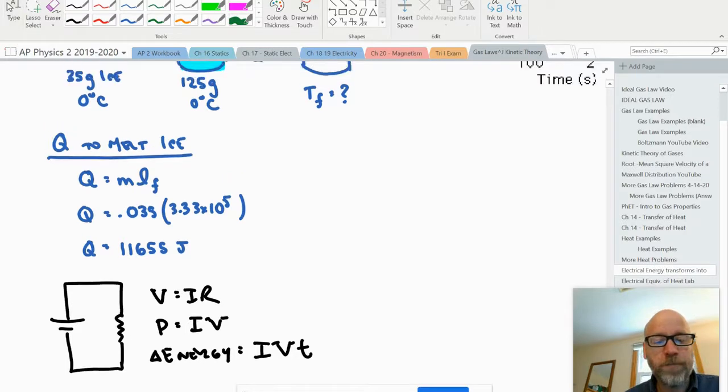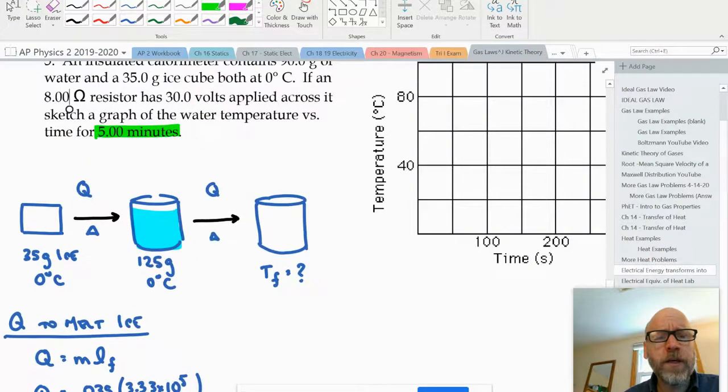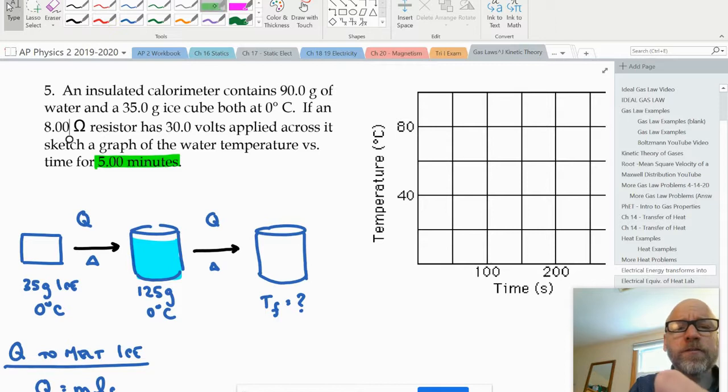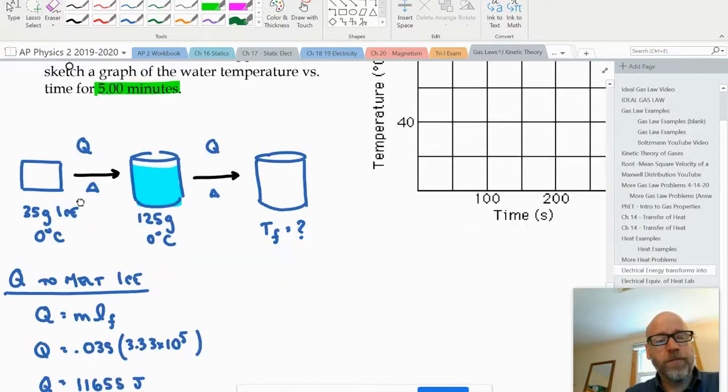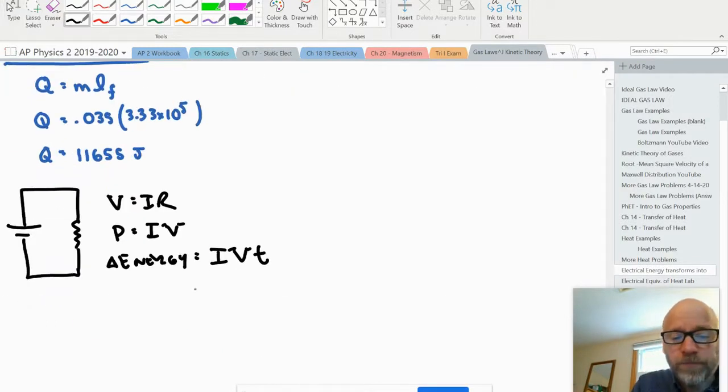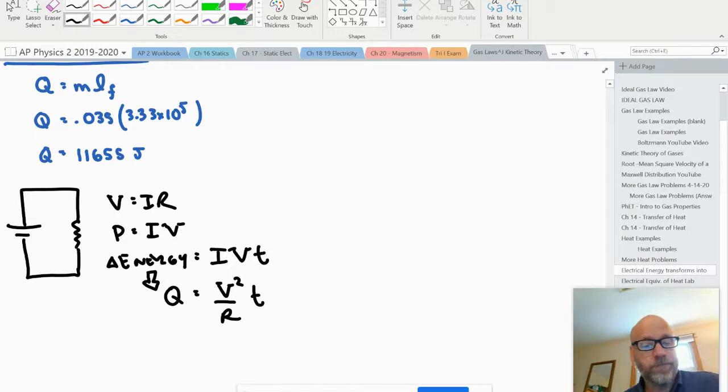Okay. Now, do they give me the current? No, they just give me the resistance and the voltage. So you know what would be a lot easier? Would be if I took this formula for power and I turned it into V squared over R. Now I'm also going to make that jump and say the heat is going to be equal to V squared over R times t.